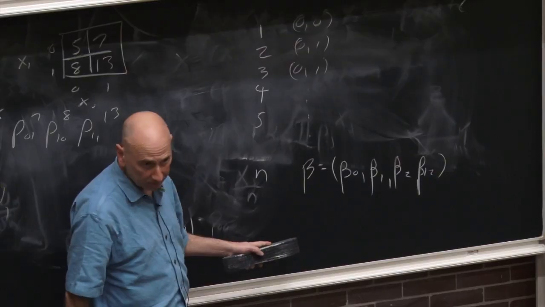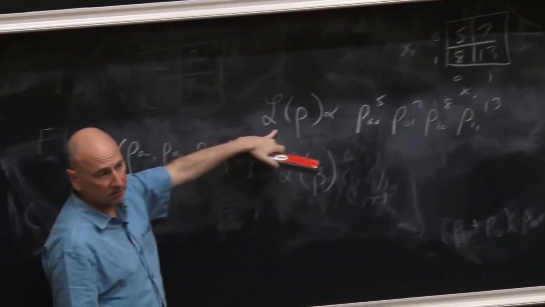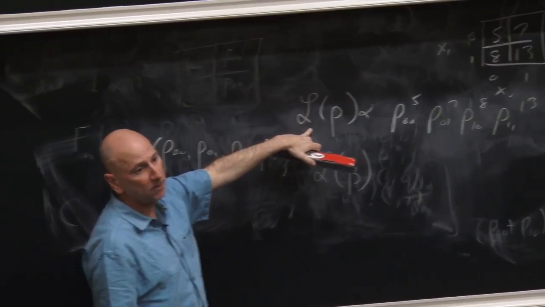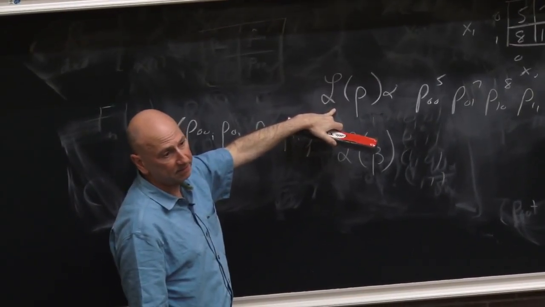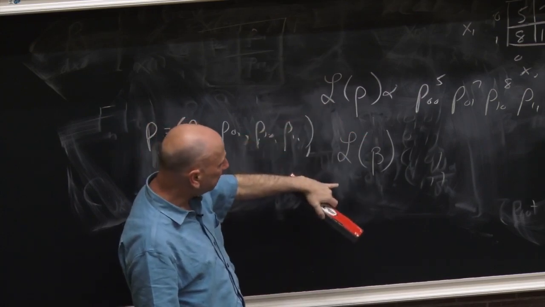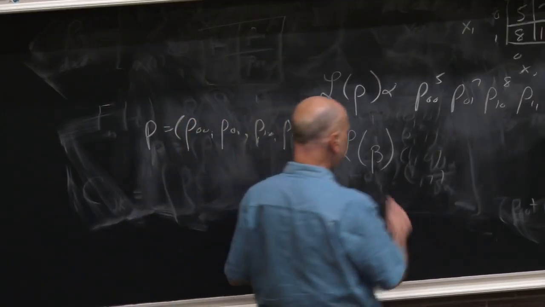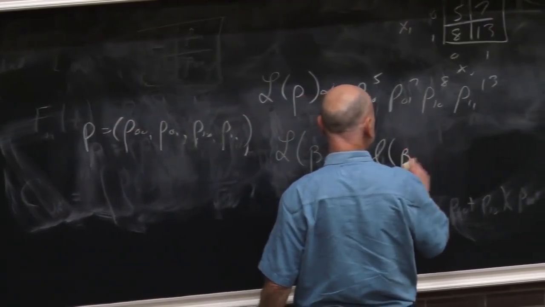For every possible beta, you can compute the corresponding p's. We have the equations. And since you can compute the p's, you can now compute the likelihood. Therefore, you've computed the likelihood for beta. Just convert beta to p, and compute this function. And therefore, you have the likelihood function of beta, and you have the log likelihood function of beta.